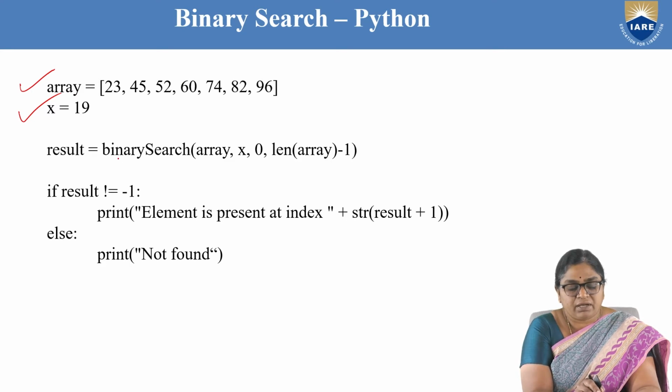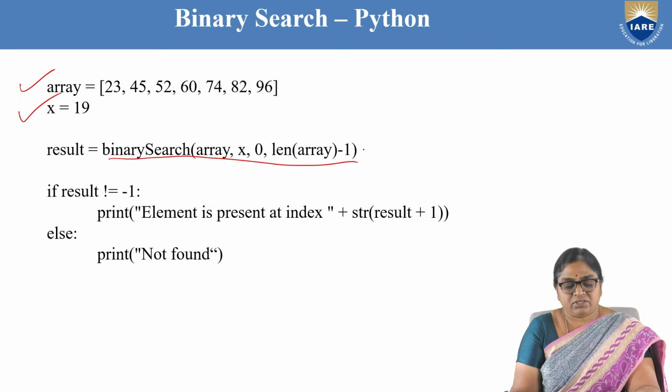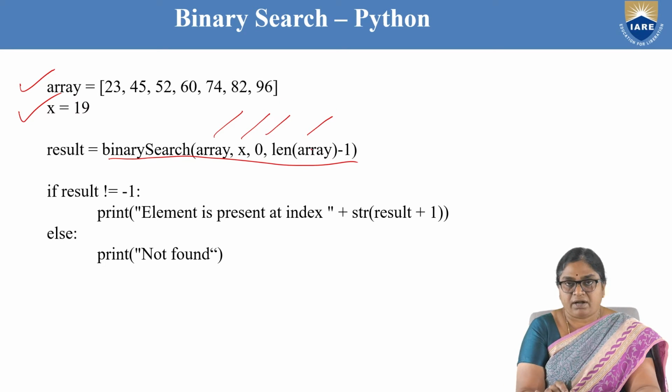So, for that, we are calling the method binary search by passing the parameters array, the key element, the low value and the high value. Low is 0 and high is the length minus 1. That is the last index value.